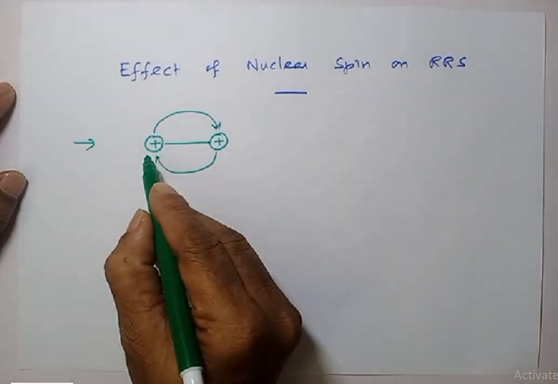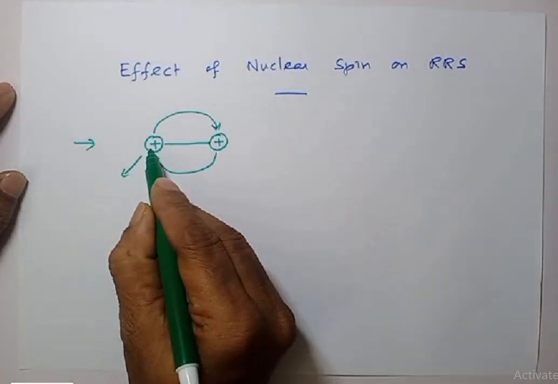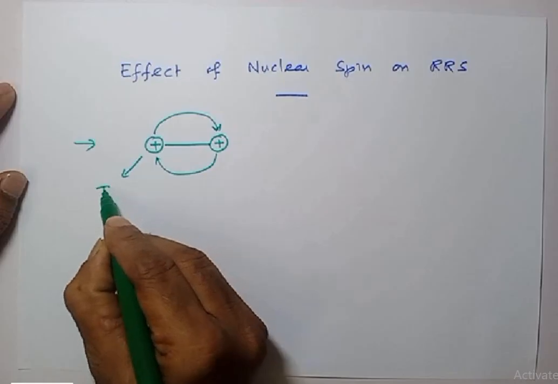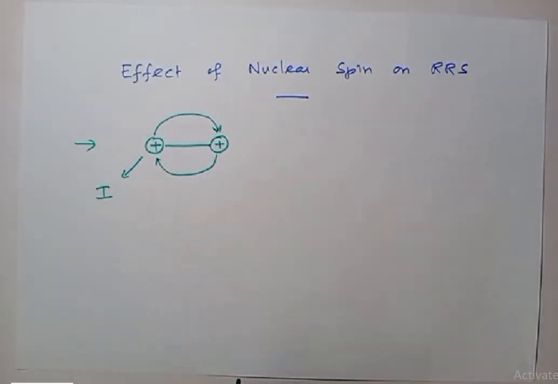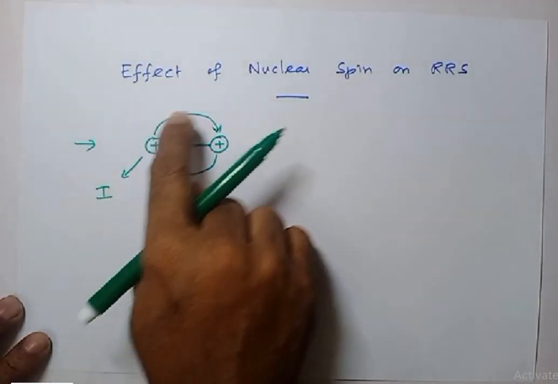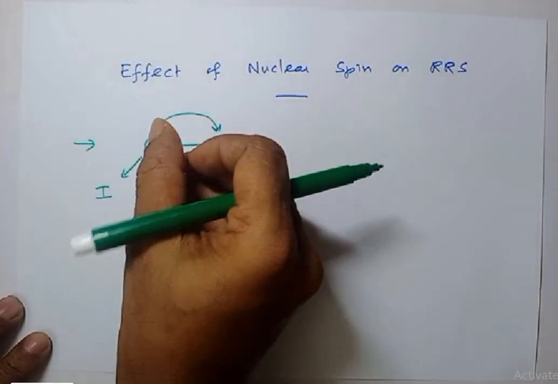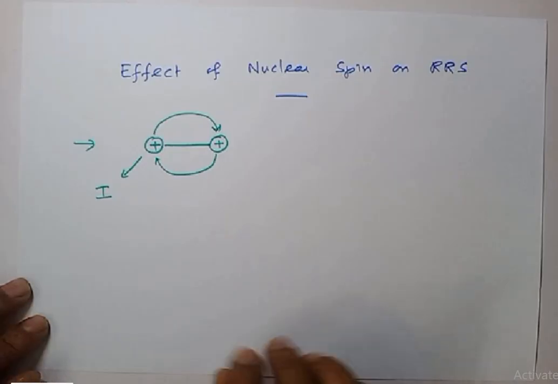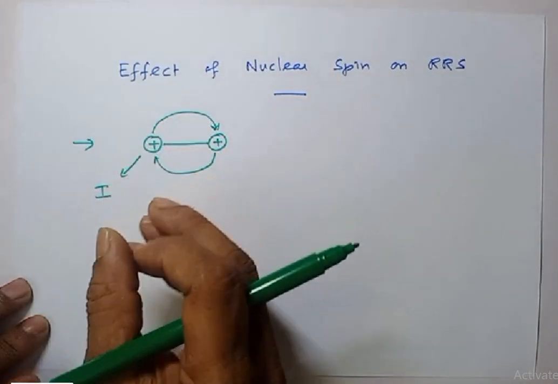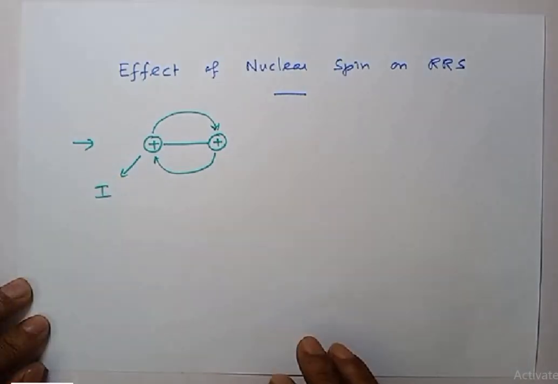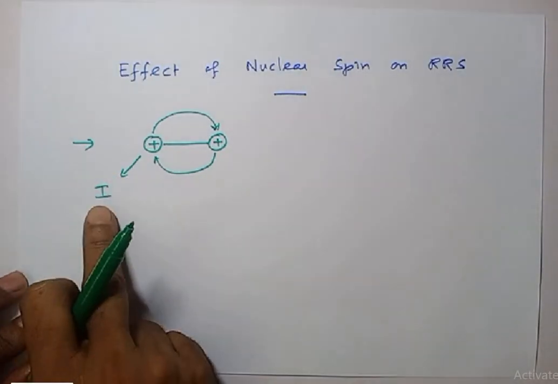We denote the nuclear spin by a quantum number called the nuclear spin quantum number I. So when the molecule undergoes rotation, the nuclei are exchanging their positions, and nuclei may have some values for the nuclear spin quantum number.